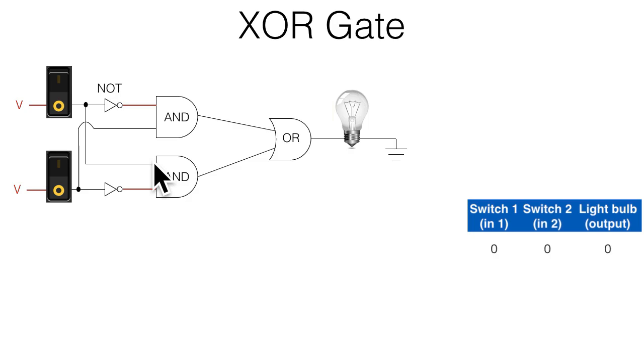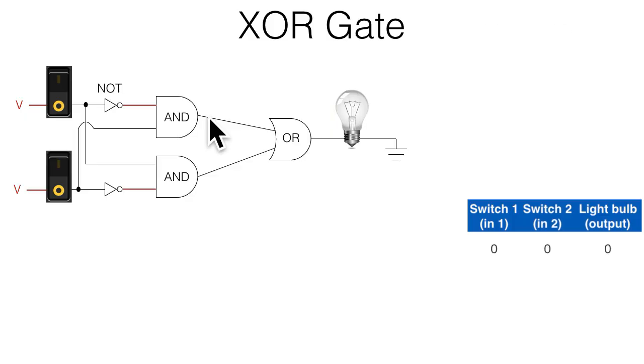Both switches have to be in the same state, and then my light in the room comes on. That's what an AND gate is. Both have to be on for the line coming out of it to turn on. So therefore, in this case, we only have one of the inputs on coming into the AND gate, so the output's not going to be on.